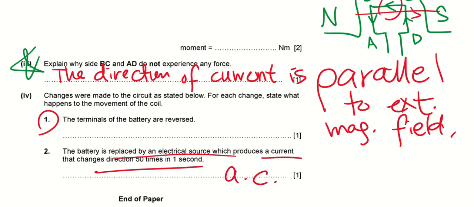Can any of you change direction 50 times a second? Not possible, right? Imagine this current flows in the coil. It wanted to go clockwise, anti-clockwise, so it will just be vibrating. There will be no real turning. Okay or not? So that's why all our motors are what motor? DC motor.